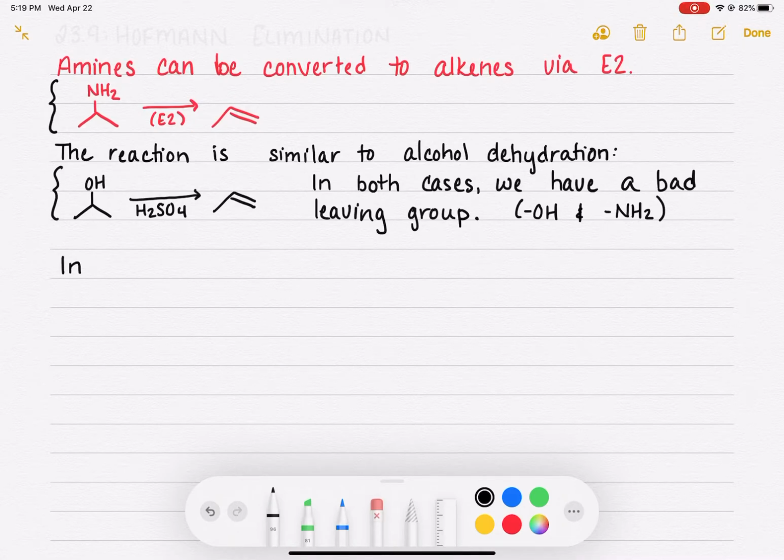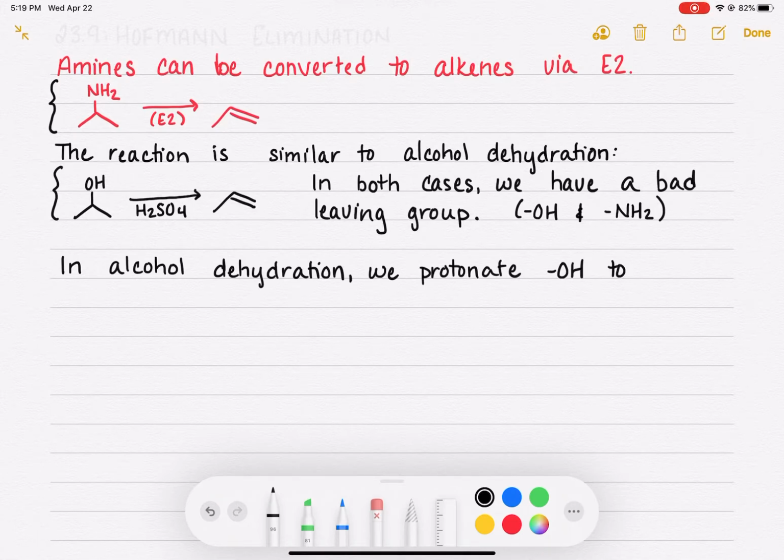So in the alcohol dehydration, before we can do the reaction, we are going to protonate the OH group, which converts it to water, which is a good leaving group. And this is a really effective strategy.